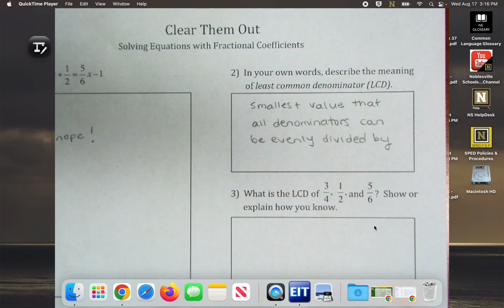So the example that Griffin gave with 18 and 24, 6 would be the least common denominator because 6 can go into 18 3 times, 6 can go into 24 4 times, right?